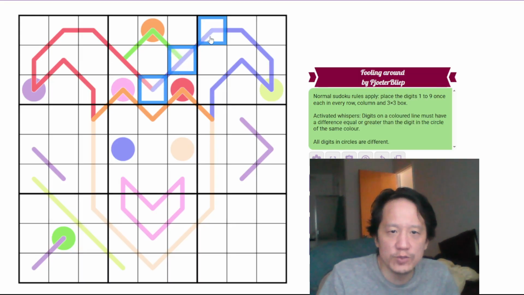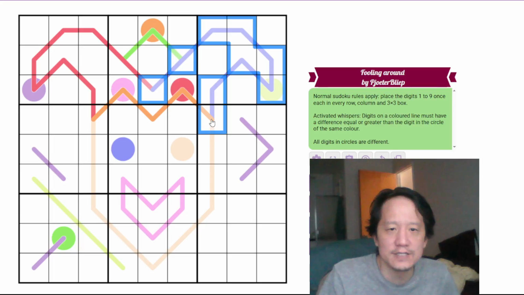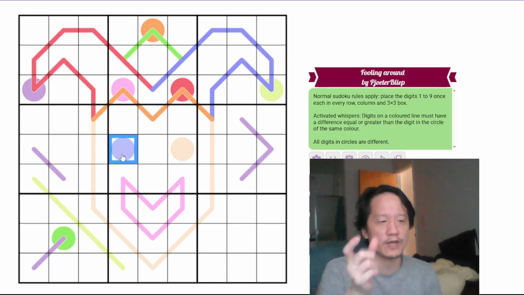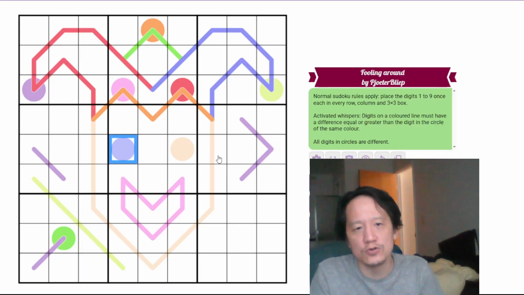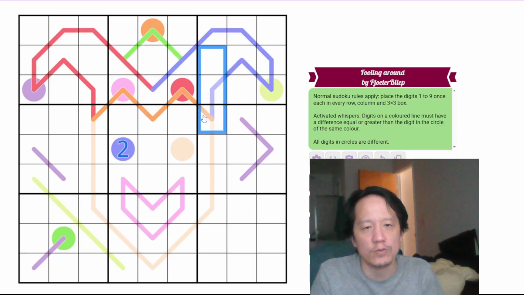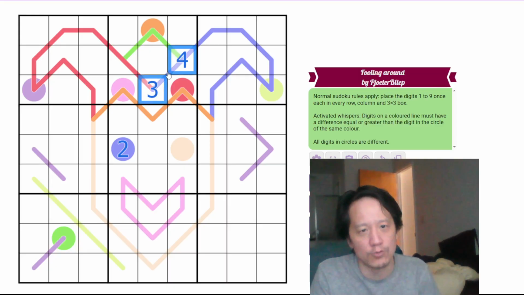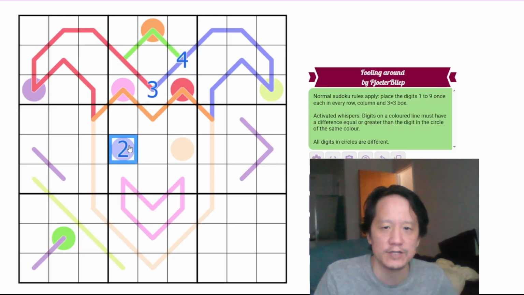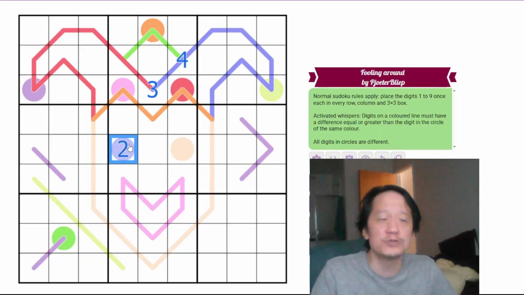So the difference between the digits in this line must be equal to or greater than what this circle is. Say the circle was a 2. Then the difference between adjacent digits along this blue line must be 2 or more. For example, you could have a 3 and a 5 here, and that would work. But a 3 and a 4 would not work because the difference is 1, which is not equal or greater than 2. And those are all the rules.